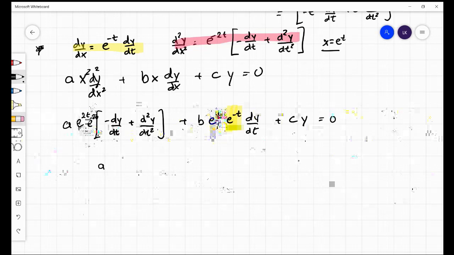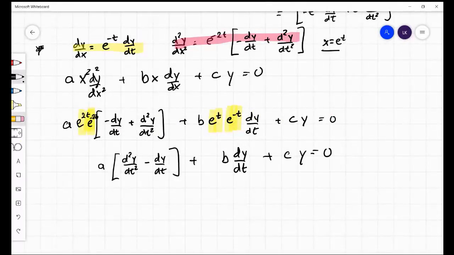So then we get a times the second derivative of y with respect to t, minus the first derivative of y with respect to t, b times the first order derivative, and c times y. Rearranging this, you see that we've turned our differential equation, which didn't have constant coefficients, right?